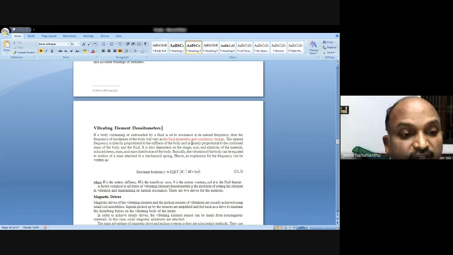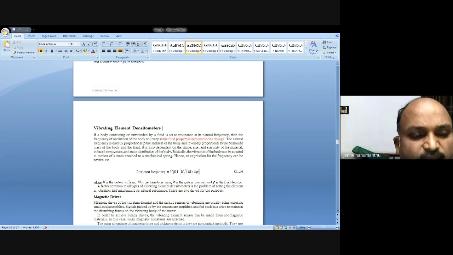So, when the body surrounds a fluid of unknown density, it experiences some natural frequency, and the body gets some oscillations.